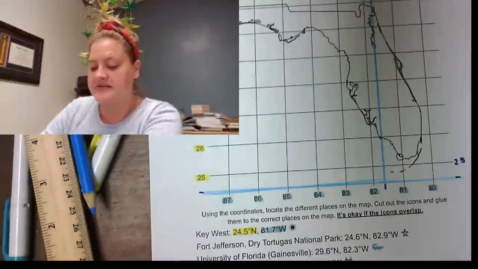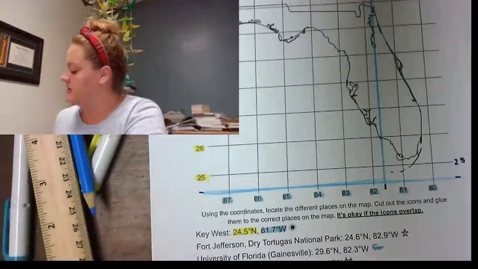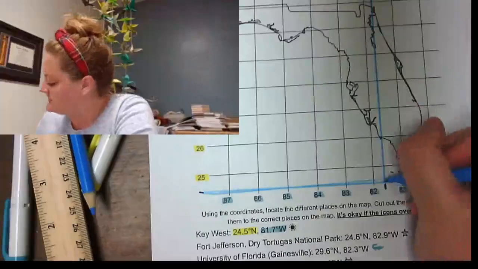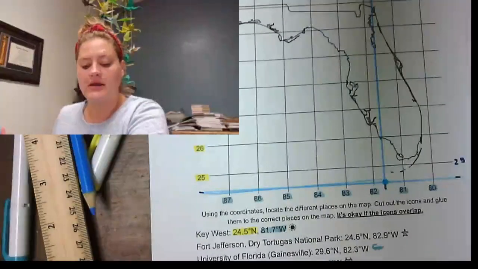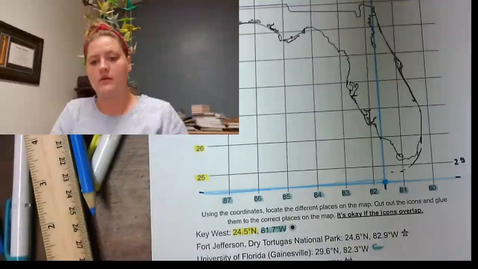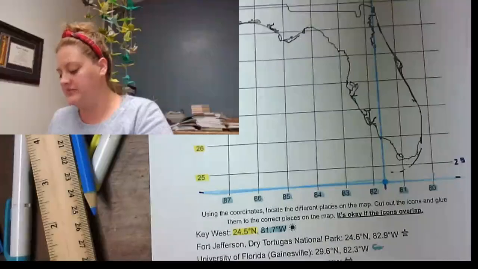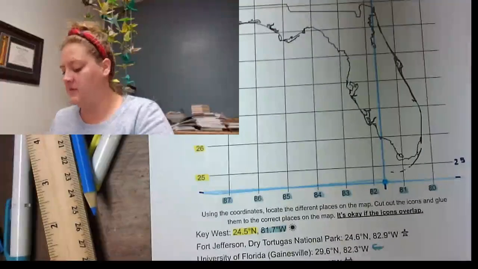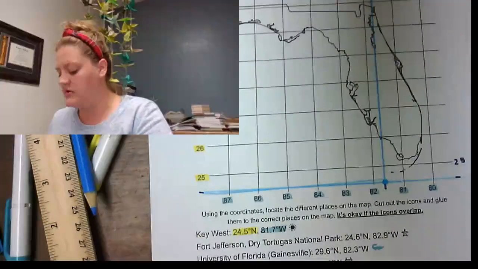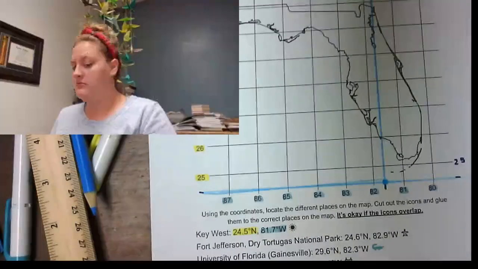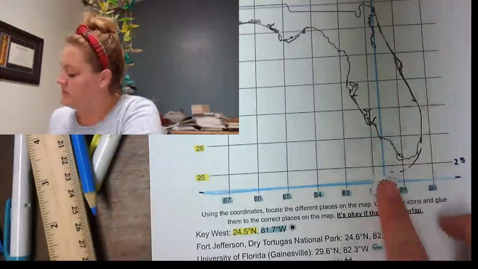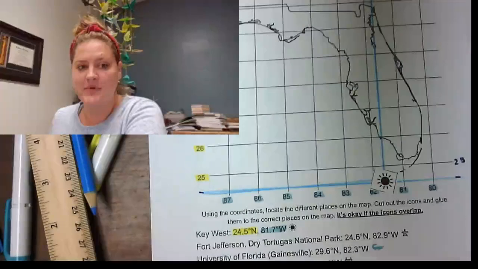Right where those two lines cross is where you're going to put your little icon for Key West, which is a sun. Now, one thing I'm not going to do is glue all these down, because it would be very easy for someone to jump to the end of our project and just copy where all of these icons go. So I'm not going to glue them down, but what you'll do is you'll glue that guy right there. Okay?